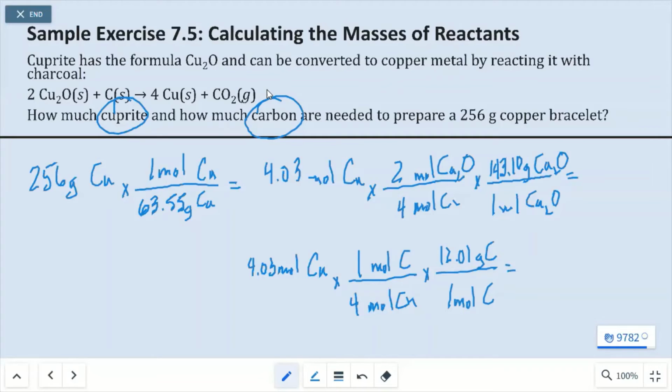And so if we complete each of these calculations, we would need 288 grams of cuprite and 12.1 grams of carbon to complete the reaction.